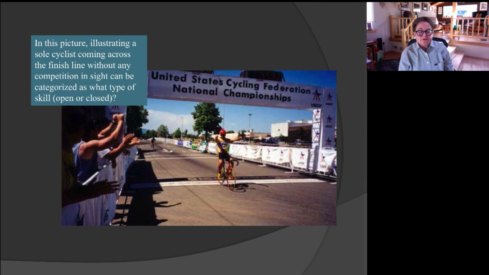In this picture, you could see a cyclist coming across the finish line. There's really nobody else in sight in terms of being competition for him. I would categorize this as a closed skill. It's a very empty course.